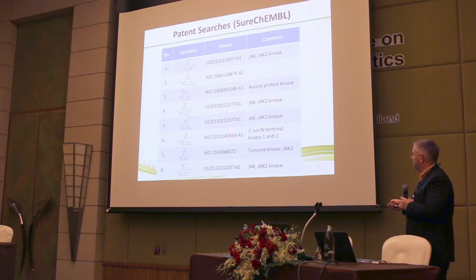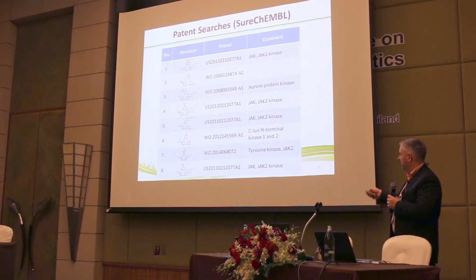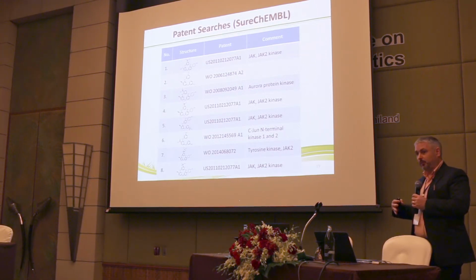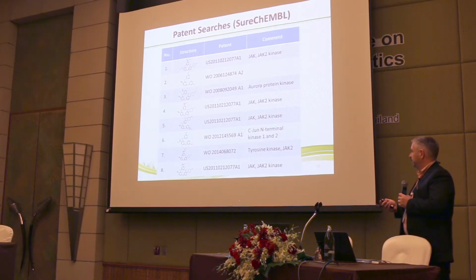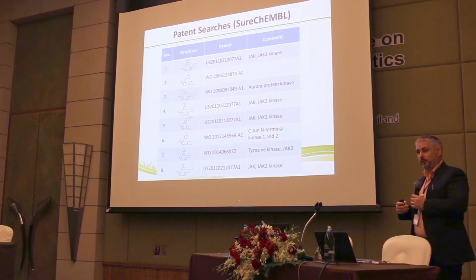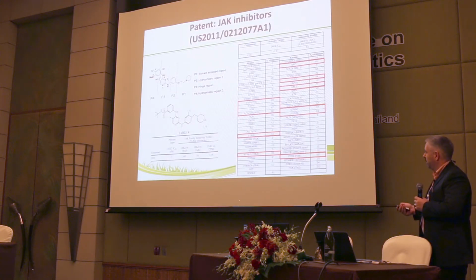So if we look through the patent literature, we can see, for example, JAK, Aurora, JAK, JNK kinase, JAK2, and these are all for cancer indications. So the targets are quite well known. They come up as interesting hits in high throughput screening. The targets have been implicated by others previously, so there seems to be reasonable confidence in them.